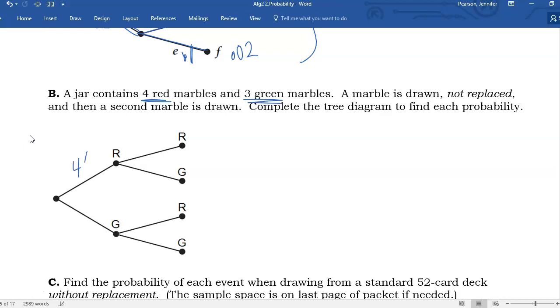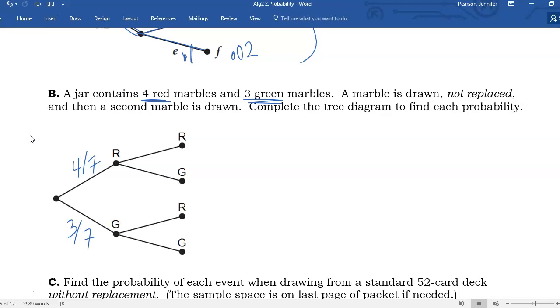So I have a 4 out of 7 chance of getting a red. Now the complement to red is green, so I just got that labeled with a G for green. There is a 3 out of 7 chance of drawing a green. Okay, now if we add that up, 4 sevenths, 3 sevenths, that's 7 sevenths, one whole.